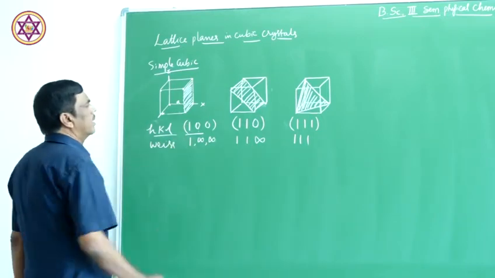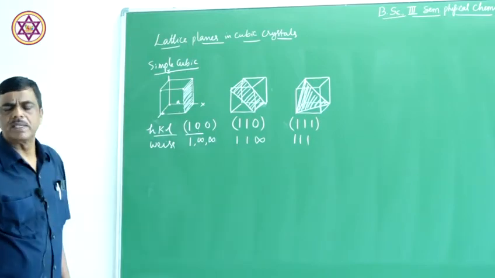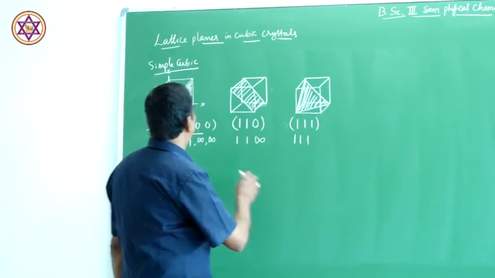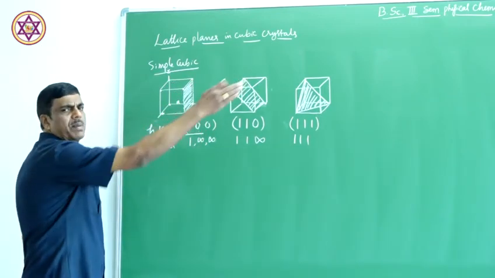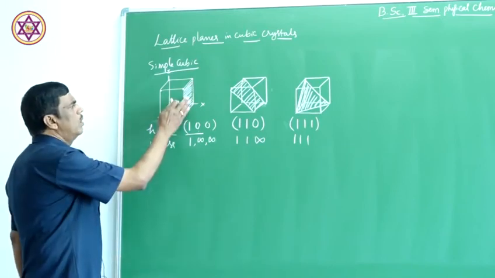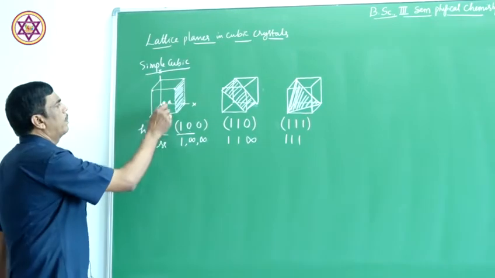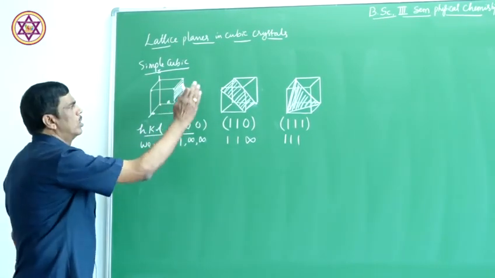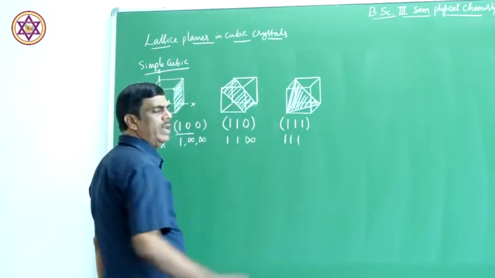Now, you can find out the distance between these parallel planes. You can derive an expression to find out the distance between these parallel planes, the 1, 0, 0 planes. A number of parallel planes are possible in a cubic lattice which are parallel to each other: the interplanar distance of 100 planes, 110 planes and 111 planes.